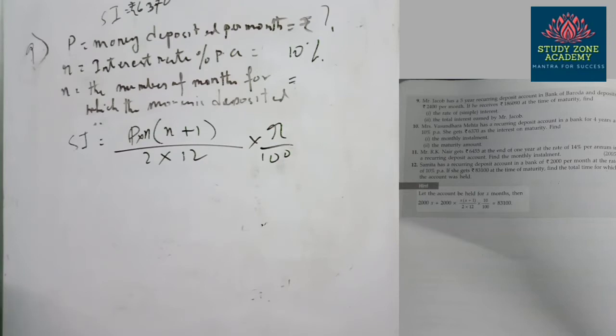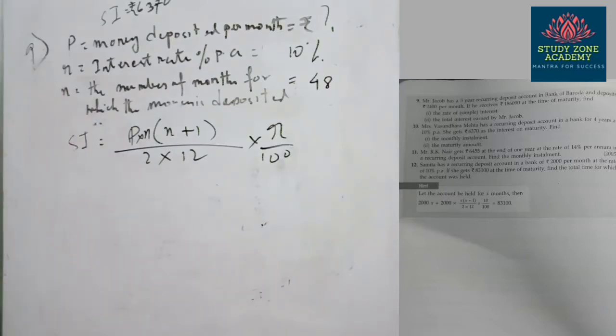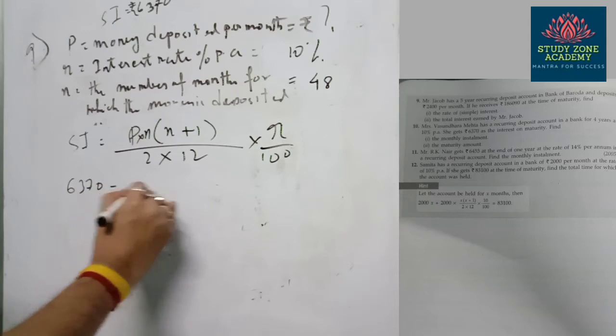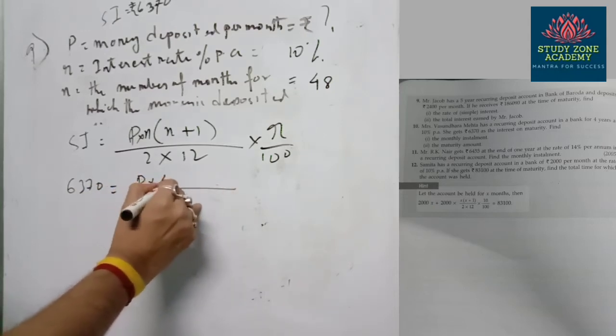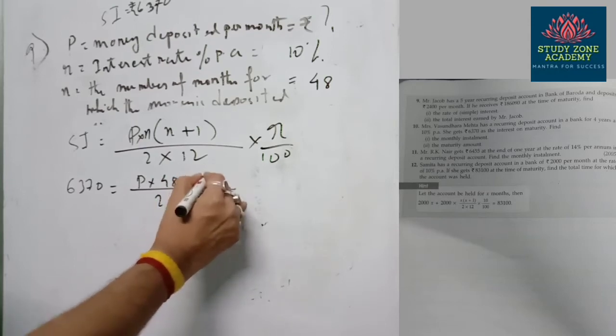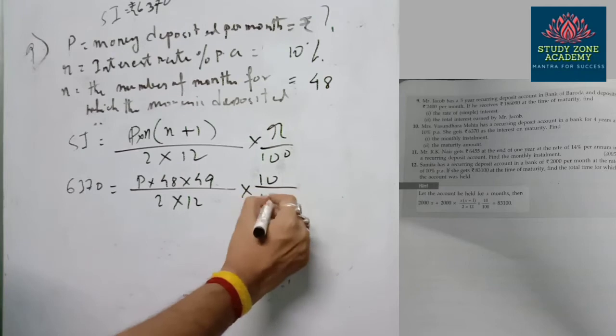Fine. Is anything missing? Yeah, time is missing. Time is 4 years. That means 48 months. So let us put the value here. 6370. We have to calculate P. It will be 48 into 49, 2 into 12 into R. R is 10%. It's easy.